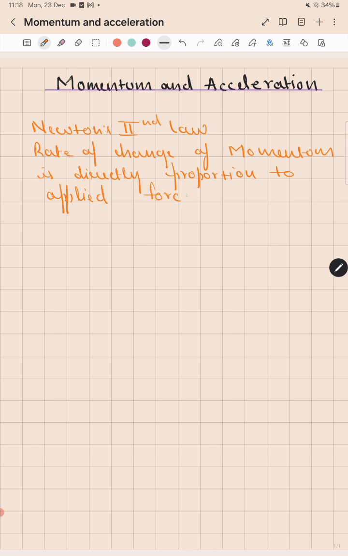Somewhere they mention external force, but that isn't just a force. So the rate of change of momentum is directly proportional to applied force. This is the statement of Newton's second law.